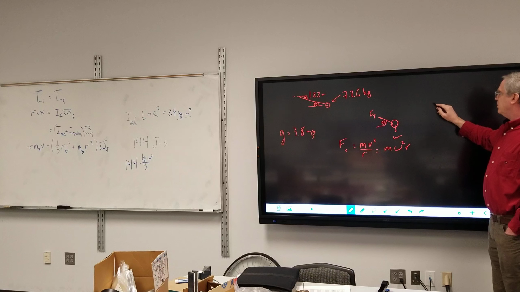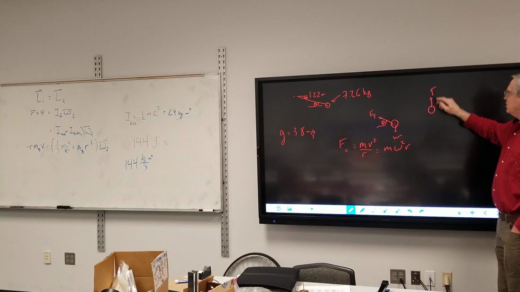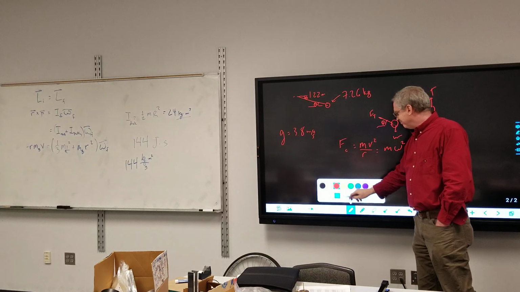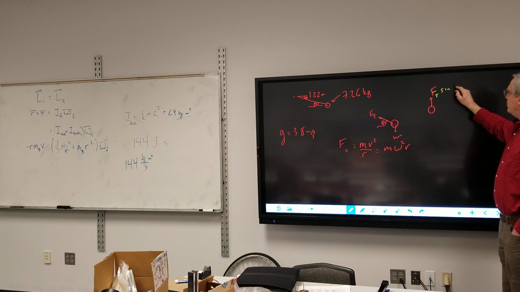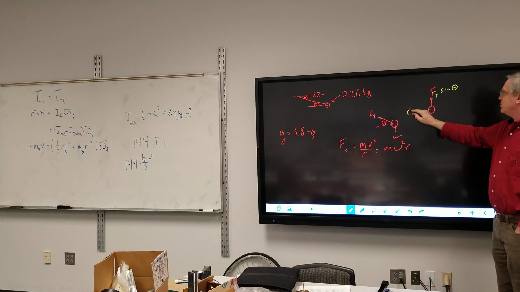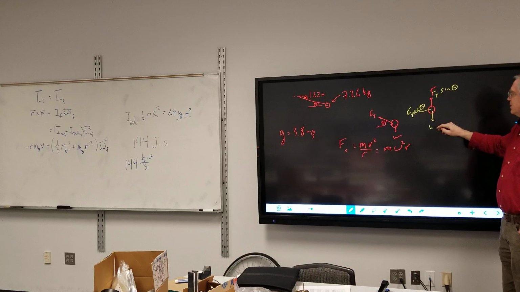Breaking that up, I know I skipped ahead. I've got tension sine of theta going up, tension cosine of theta going to the left, weight acting down.